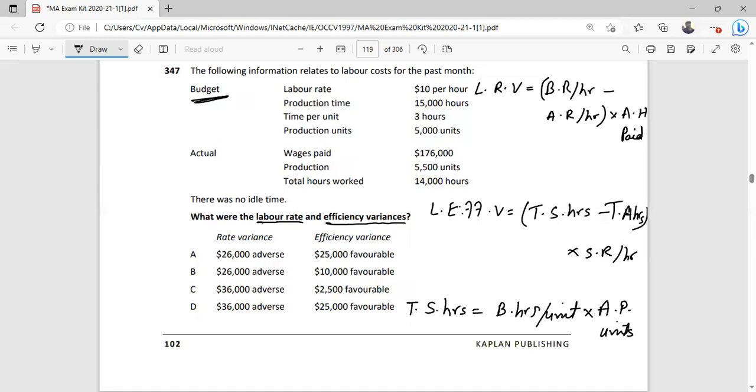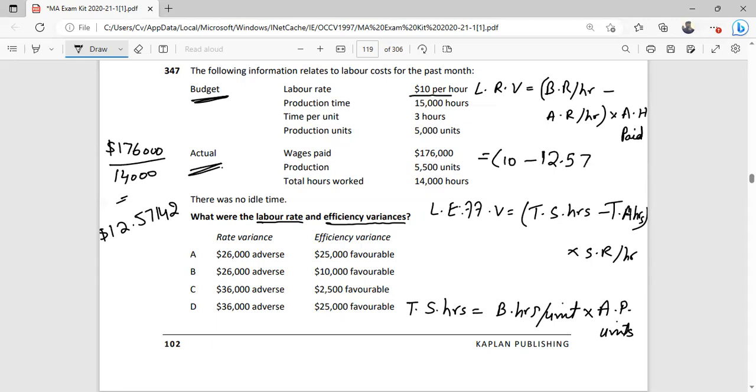So now we will see the data for both the variances. This is budget and this one is actual. The budgeted rate per hour provided is 10. So we have 10 minus actual rate per hour, which is not provided; total is provided. So you will divide total 176,000 by 14,000 to calculate your actual labor rate per hour. 176,000 by 14,000 is 12.57142, this is the actual rate.